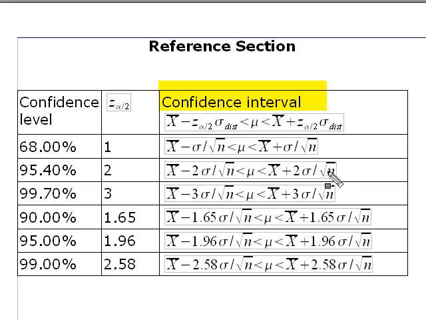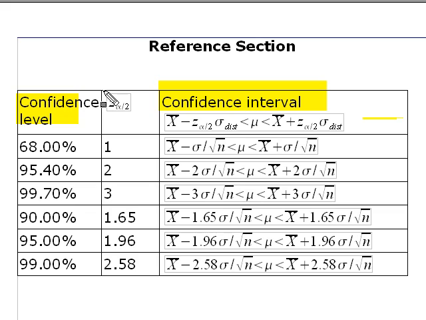You had to write this in the homework, and also it's in the lecture on sample problems for chapter 7. So here we're looking at confidence intervals, and we even have the equation for it right here. Depending on the confidence level, there's different values of z alpha over 2.